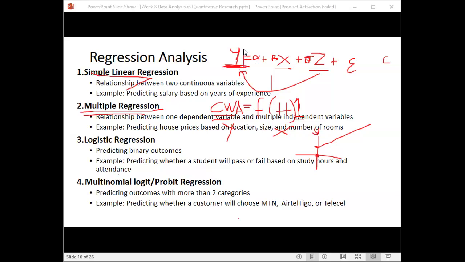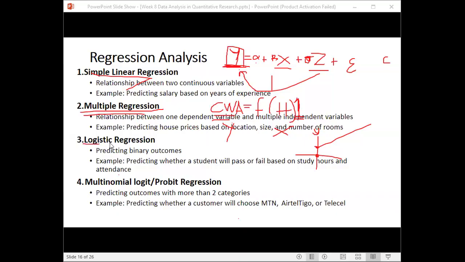The dependent variable is a continuous variable, like income, like age, like CWA, or your cumulative weighted average, or whatever it is. They are continuous, or it could be discrete, but then it follows with numbers. So discrete, continuous, they are all quantitative variables, right? That's what we use for this type of regression.